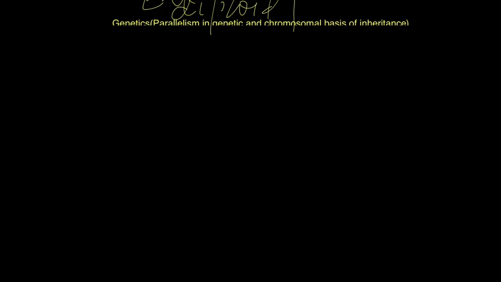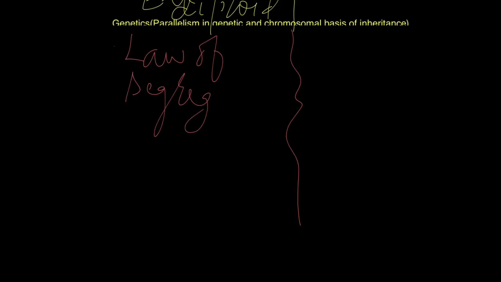The second important thing which we have to discuss is the law of segregation. Let us understand the law of segregation in light of gene and in light of chromosome.